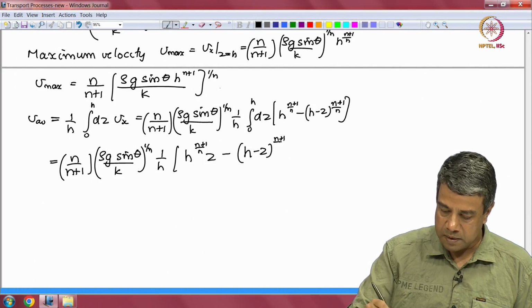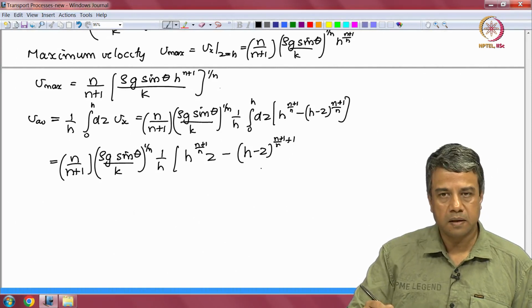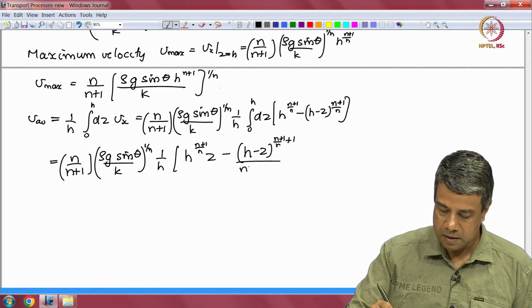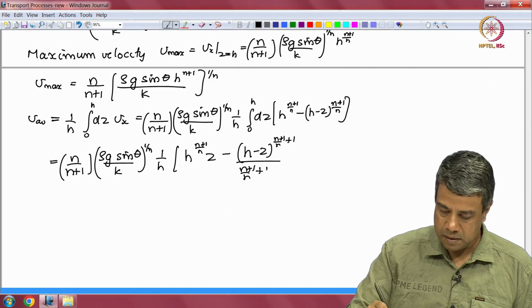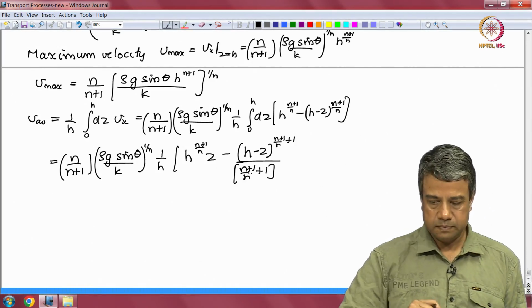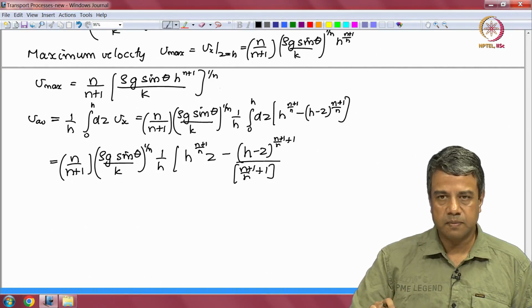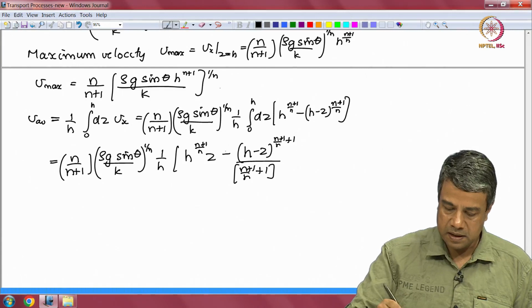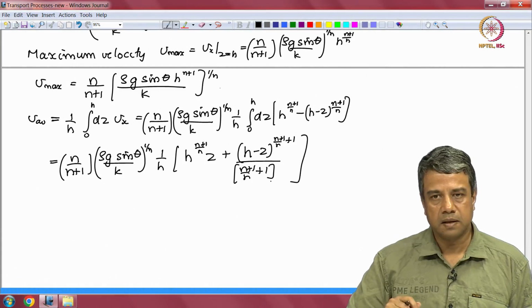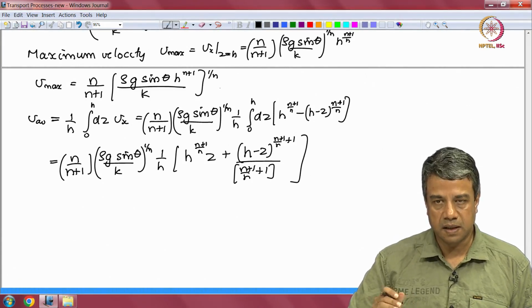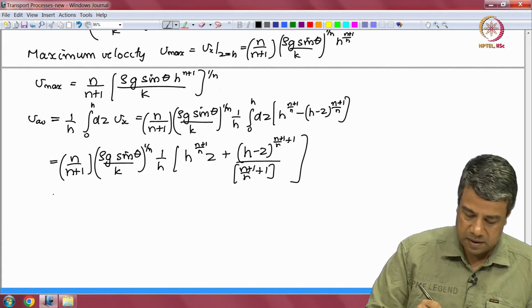This is going to have a positive sign because when I integrate h minus z I get plus, it's the negative of the integral with respect to z.